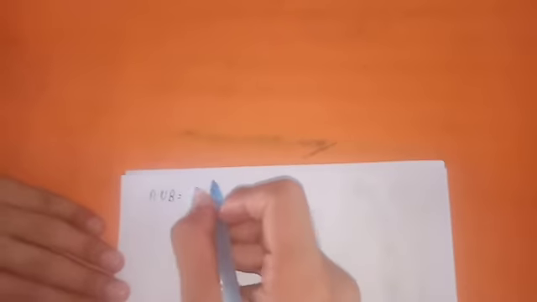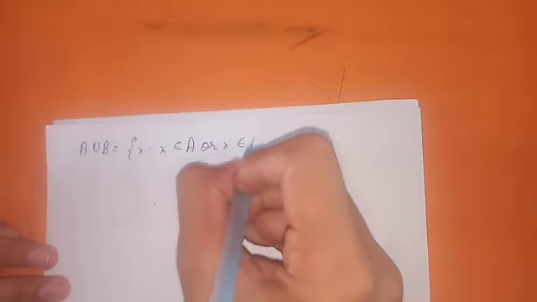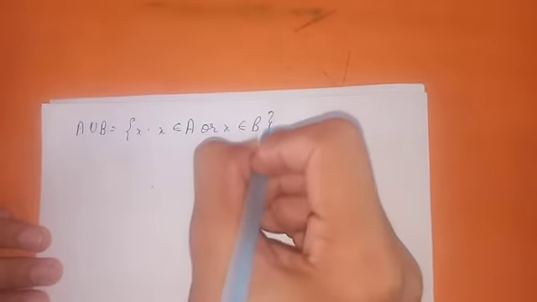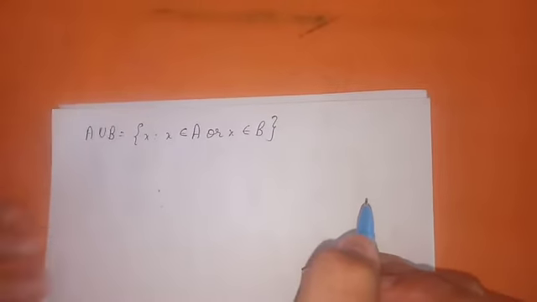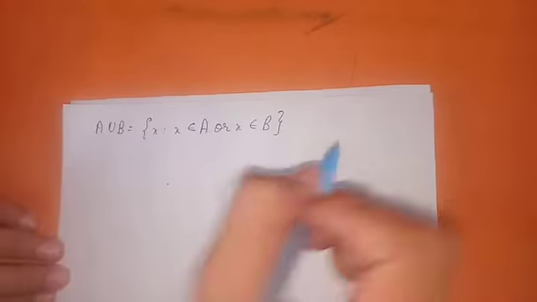So A union B is the set of X such that X belongs to A or X belongs to B, that means in either of them.